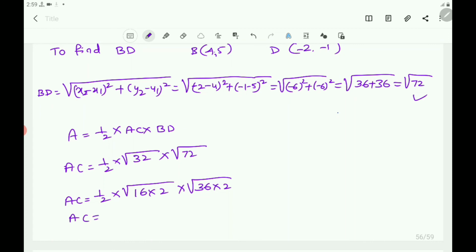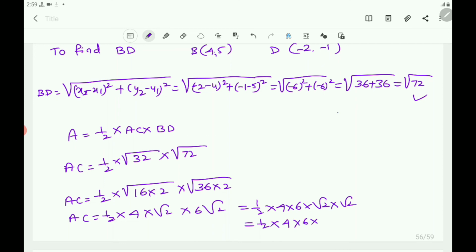Next, the area equals half into square root of 16, which is 4, into root 2, into square root of 36, which is 6, into root 2. That equals half into 4 into 6 into root 2 into root 2, and root 2 into root 2 is 2. So the 2 cancels. You will get 24 square units.